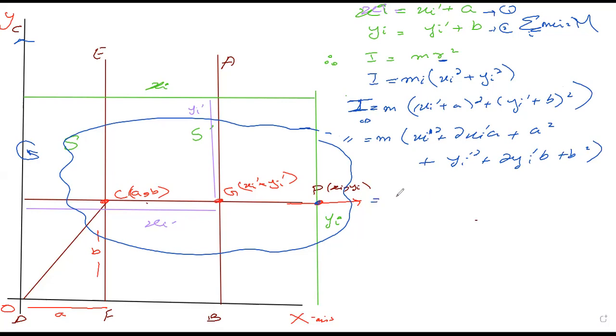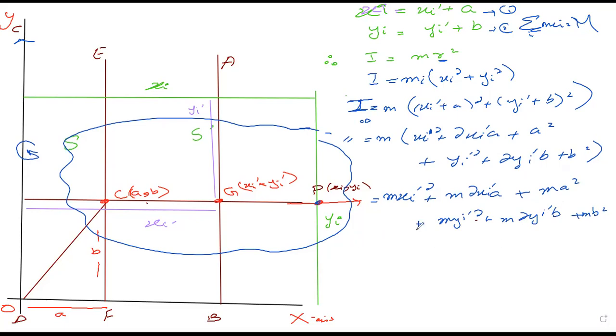Multiplying m inside: m xi dash square plus m 2 xi dash a plus m a square plus m yi dash square plus m 2 yi dash b plus m b square.